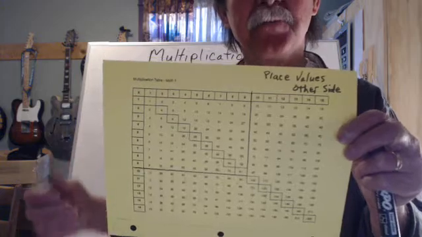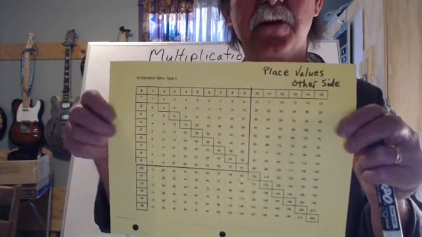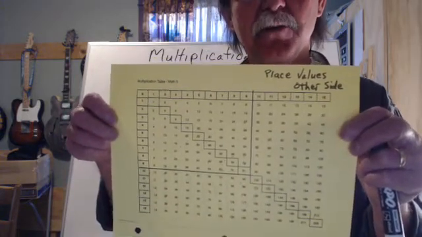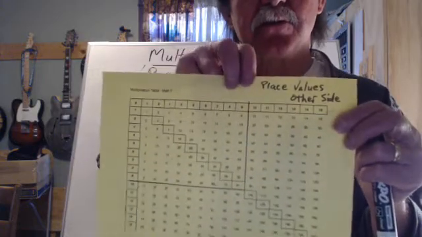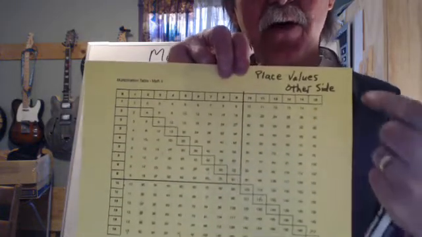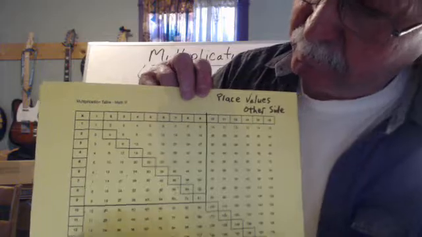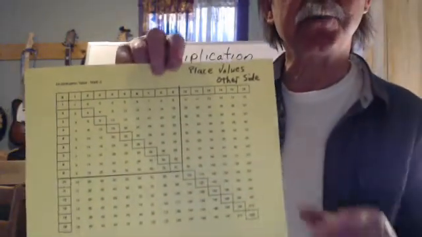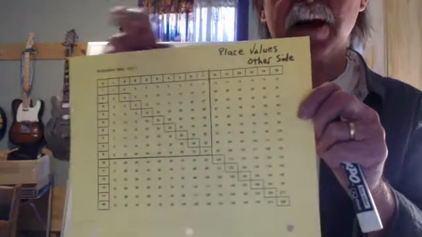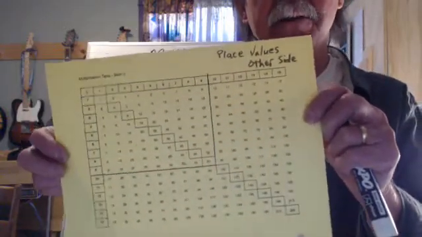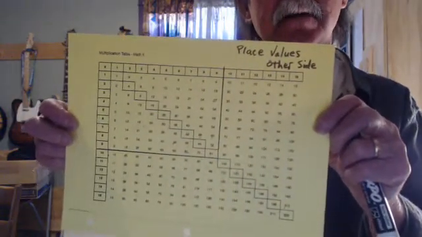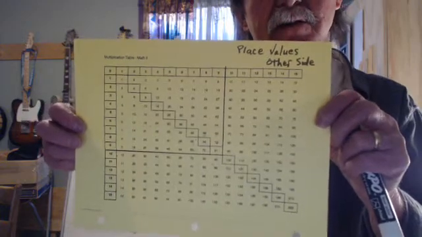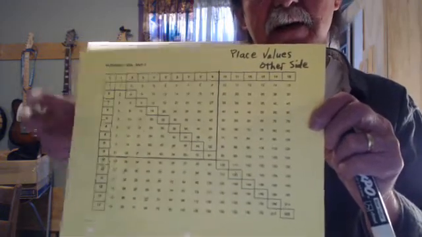Anything more is not really necessary. You'll also see some special boxes going on a diagonal like this. They have a special meaning, those numbers, and we'll get to that when the time is right. Okay, so there's a times table sheet.